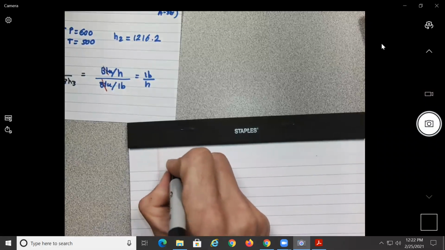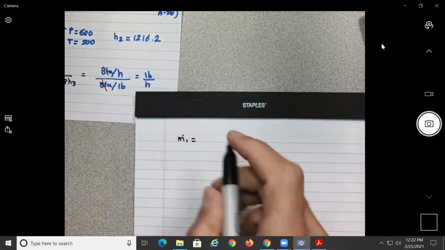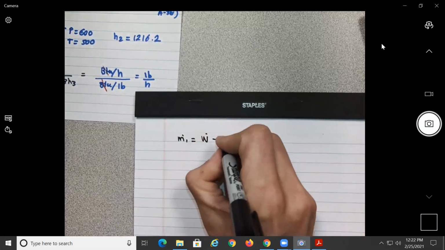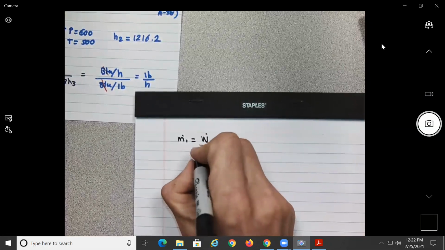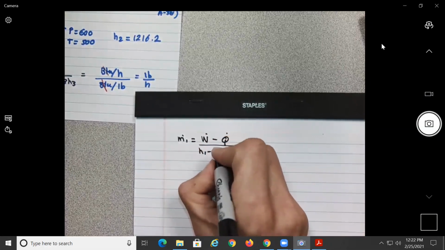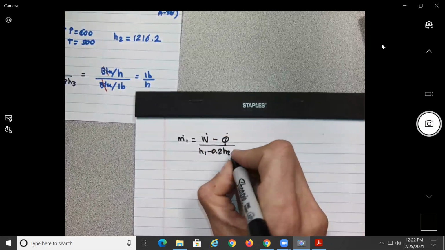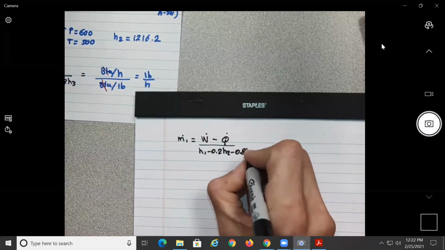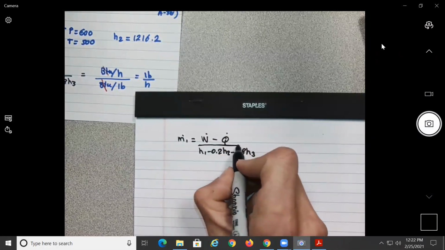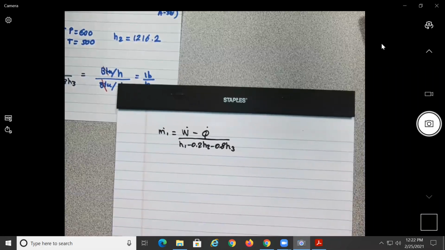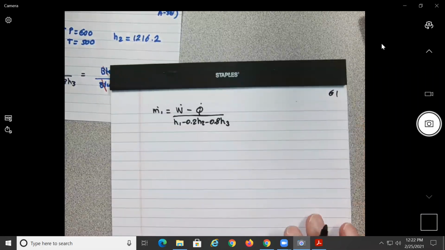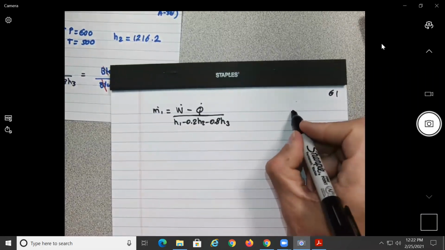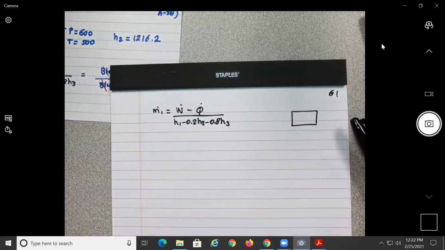So m1, let me just rewrite it. Again, I'm not a big fan of the textbook notation, but I have to deal with it. What is the textbook notation?